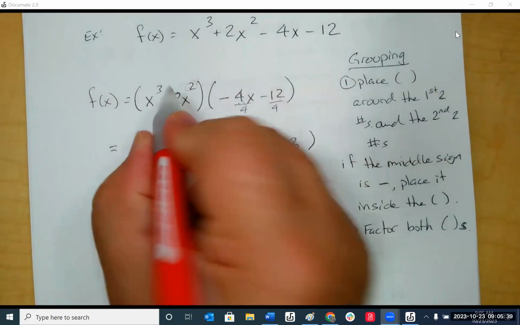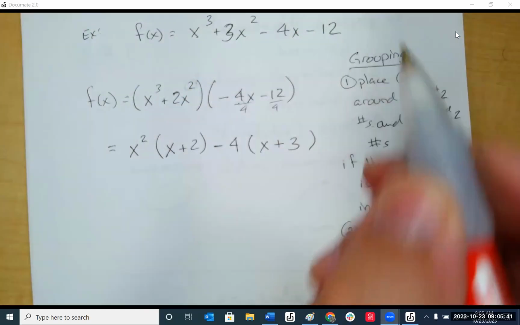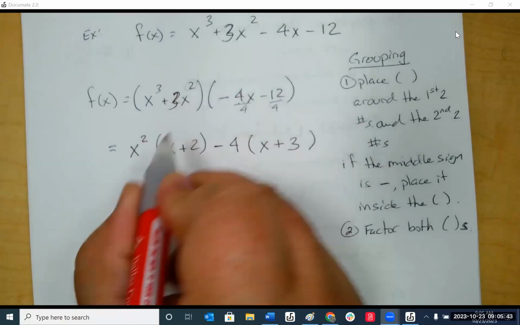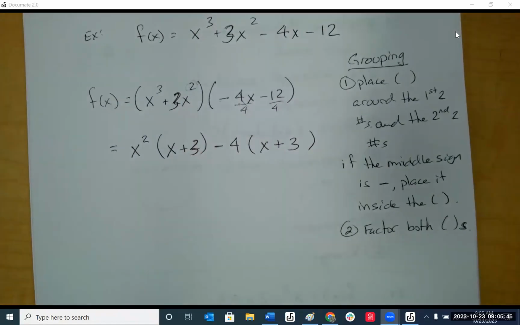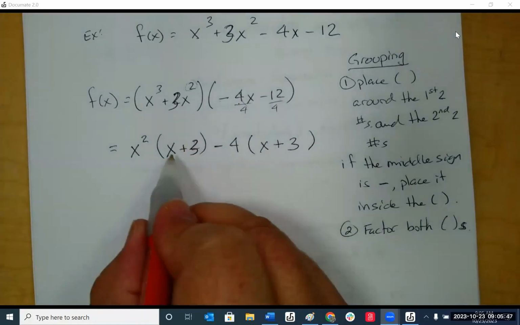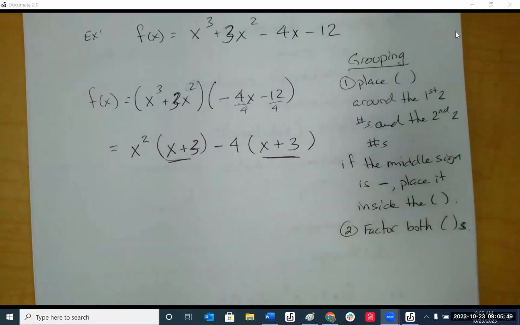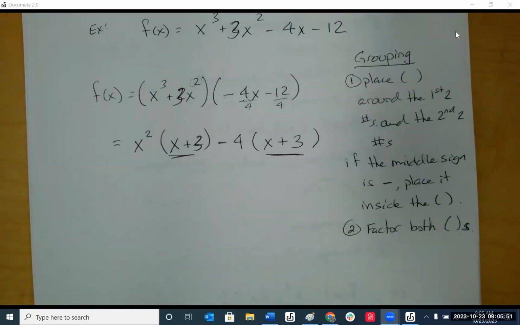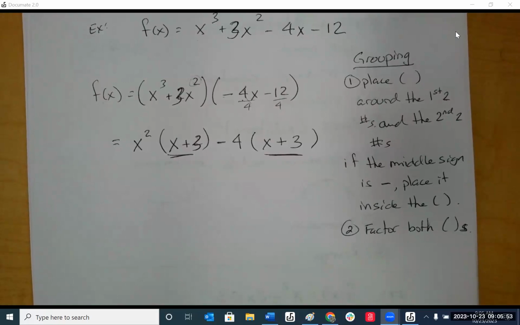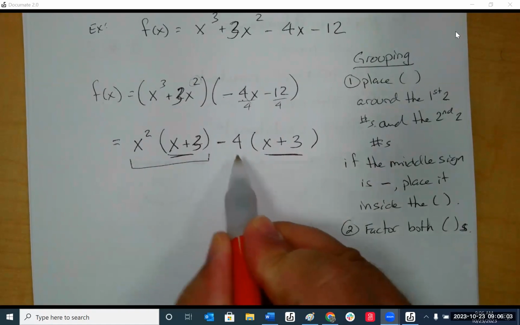This should have been a 3. This one should have been a 3. Because for right now, we'll keep it simple. Because this parenthesis and this parenthesis have to be the same. We'll get to this equation with a 2 in there in about 2 sections. Because now we only have 2 terms here.